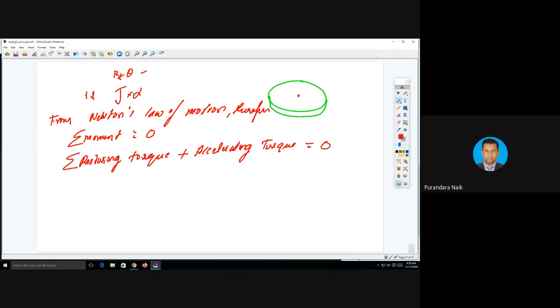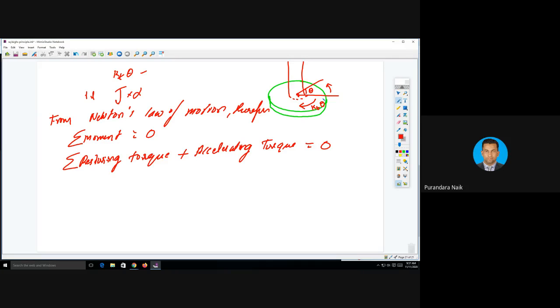Now look at this. If you twist it to an angle of theta in this direction, there will be resistance offered by the shaft to twist it in this direction. That resistance is in this opposite direction, that is kt into theta.